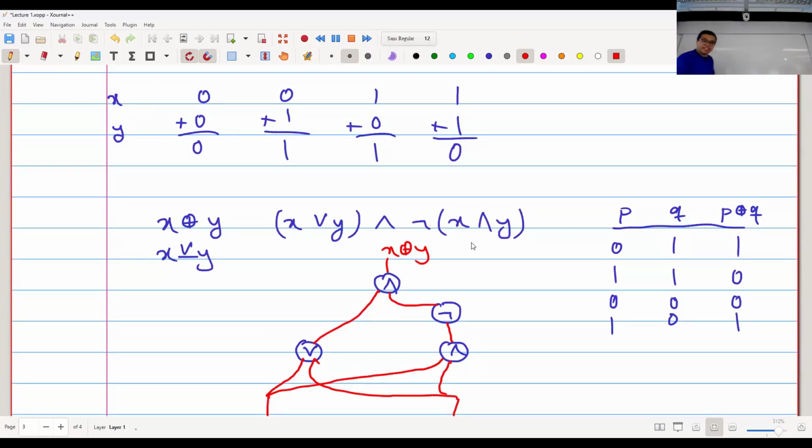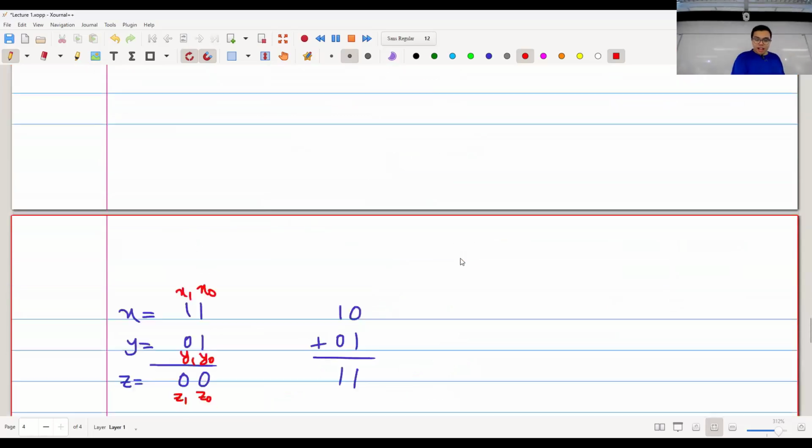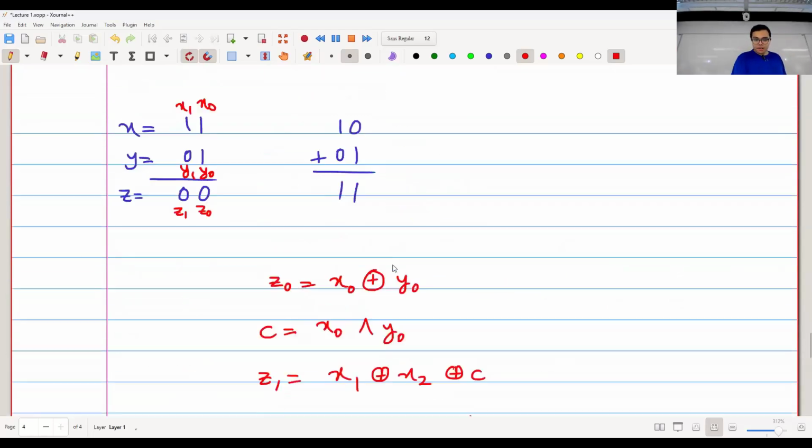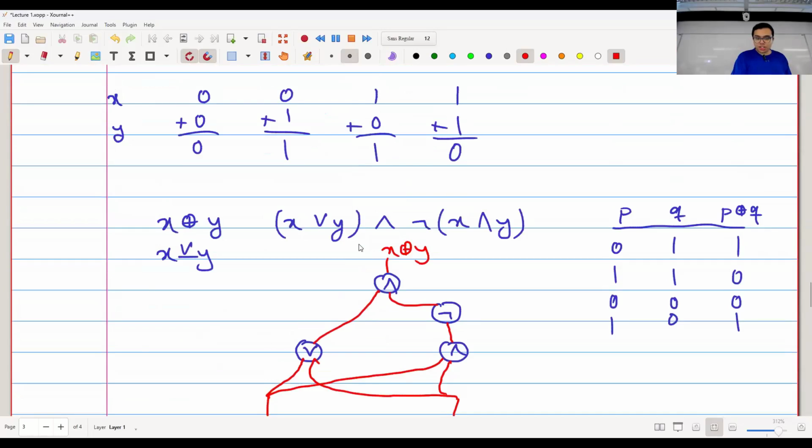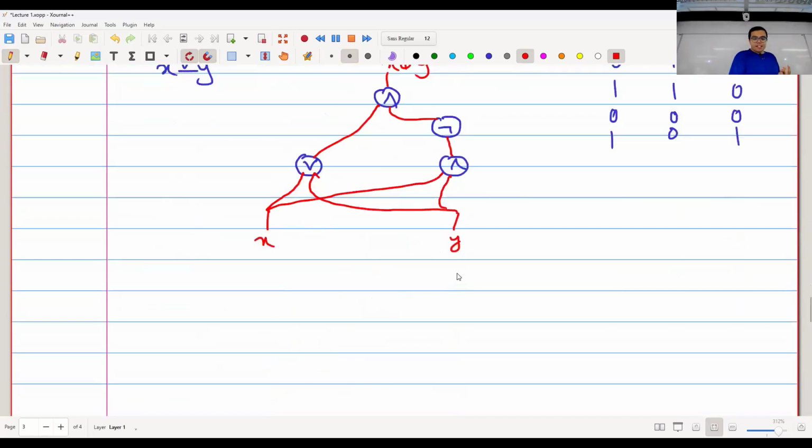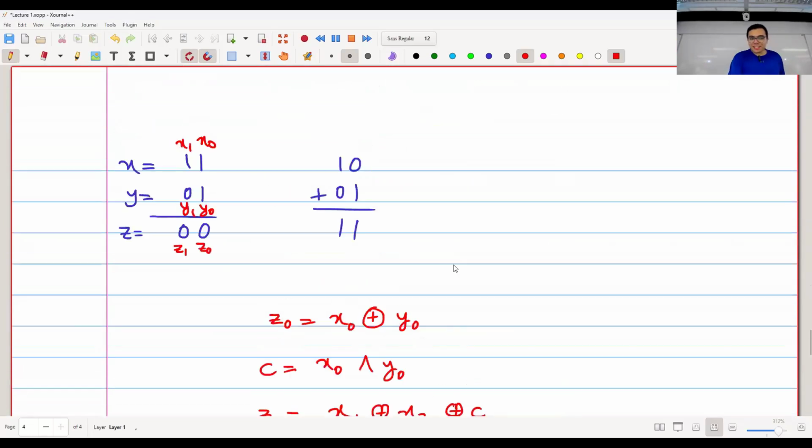But at the end of the day, the important thing is that I can write this whole thing as just a combination of these operations, of these gates. So as long as I have some sort of hardware that can do AND, OR, and negation, I can do addition of 2-digit binary numbers. Now, I hope you agree with me that I can extend this to any number of digits.